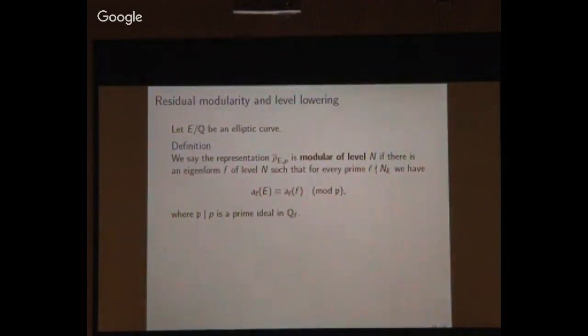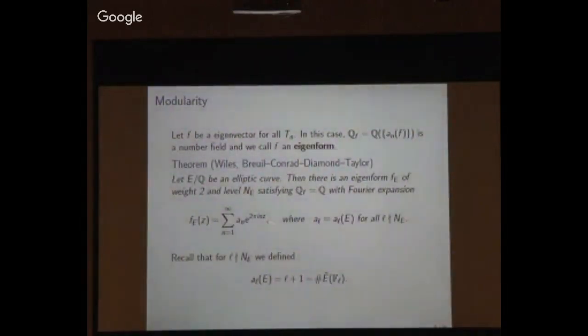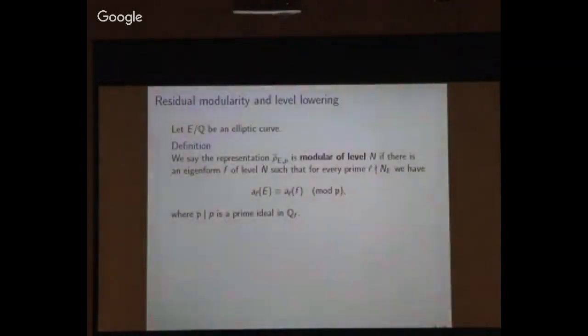Okay, so this is just a congruence. In the previous modularity type, we have an equality. So here we are only demanding a congruence modulo p.